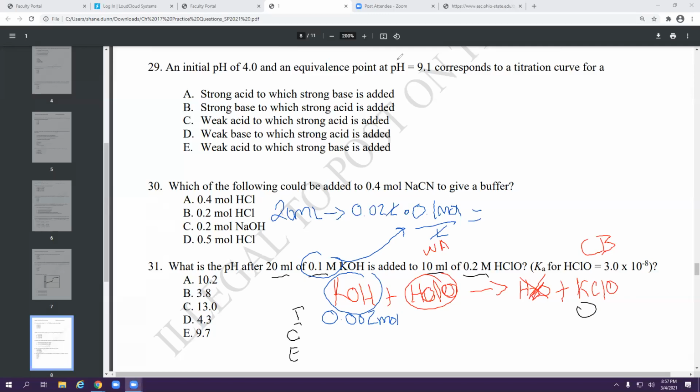Okay, let's figure out my weak acid. So 10 milliliters will give me 0.01 liters, whoops, about the 1. 0.01 liters times 0.2 moles per liter, liters cancel out.